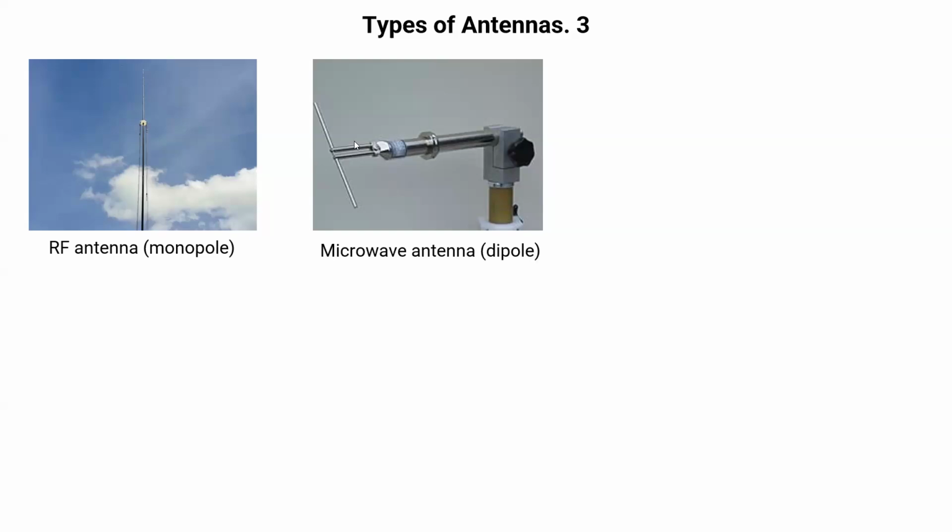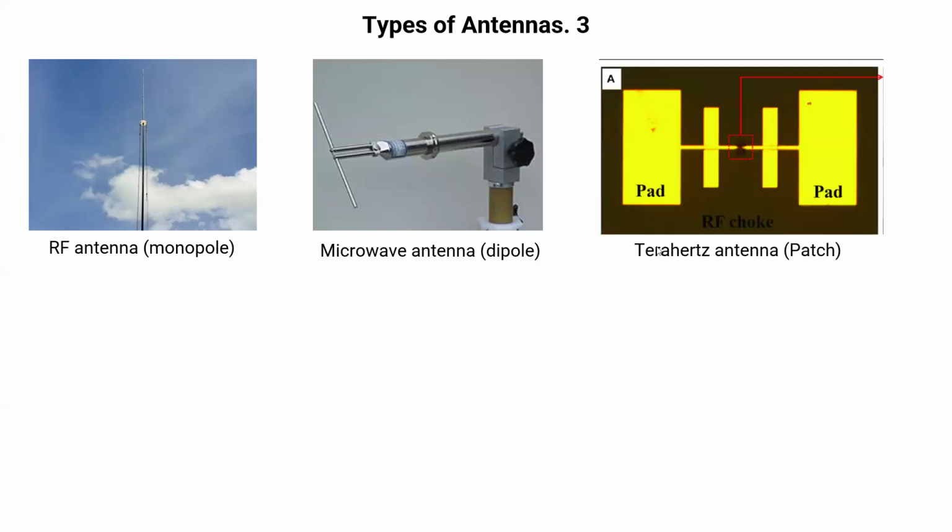Anyway, the characteristic size of an antenna is always more or less comparable with the operation wavelength. So in this case, the antenna becomes smaller, right? A typical example of a microwave antenna is the patch antenna used in our cell phones.